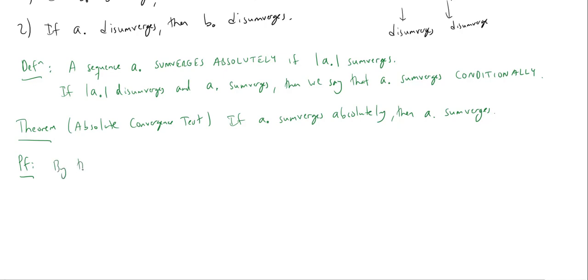So by the Cauchy criterion for series, we know that the sum sequence for A absolute value, so we know it subverges absolutely. So if I look at the absolute value of A and I take that sum sequence, then that is going to be a Cauchy sequence. Okay? So the sum sequence for the absolute value is a Cauchy sequence.